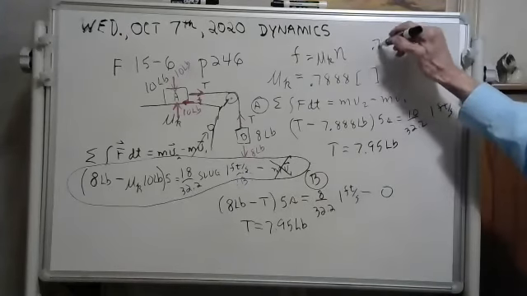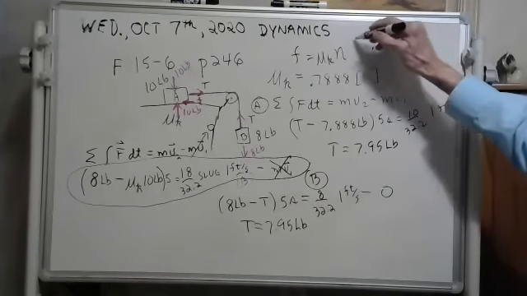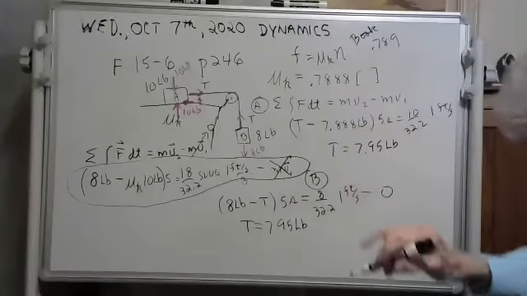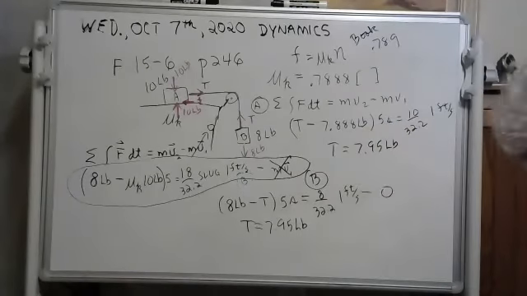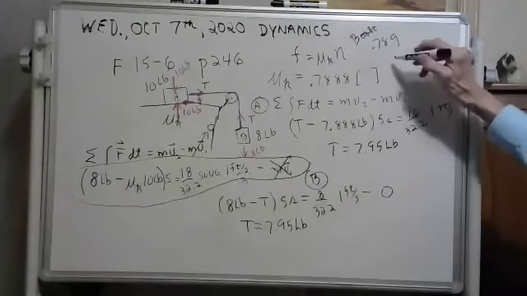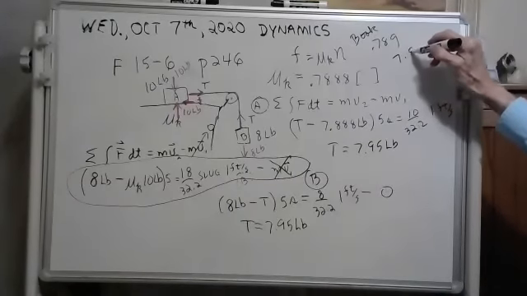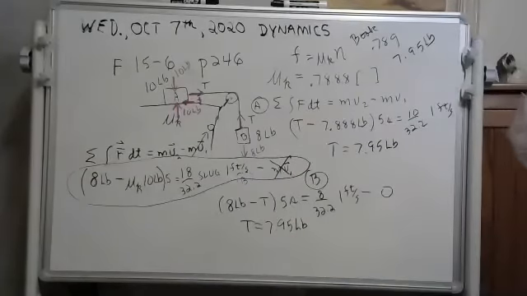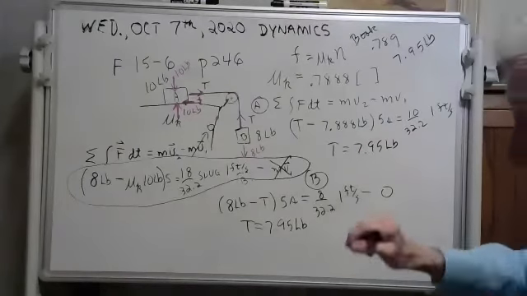Now they said 0.789 in the book. They just rounded off. I think we did fine. And then for 15.6, they said the tension is 7.95 pounds. Well, that's what we said. That's exactly what we said, 7.95 pounds. Hey, we did great.